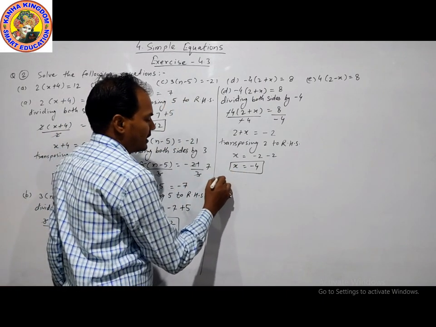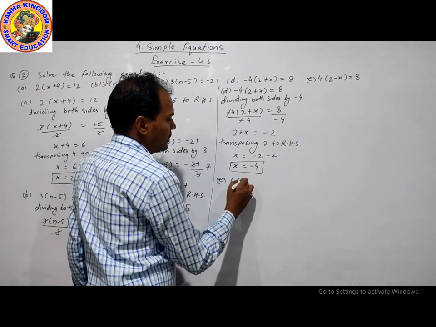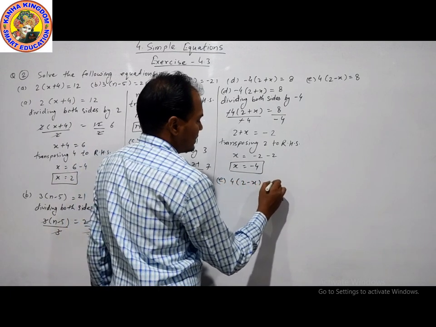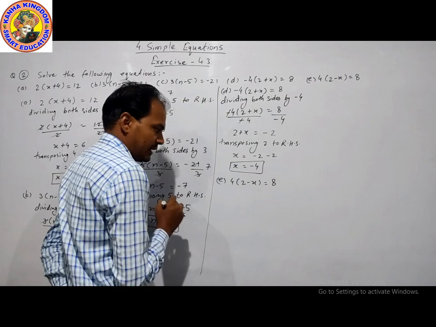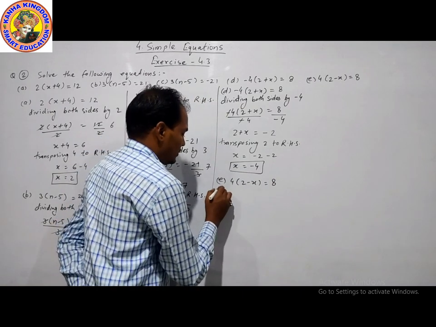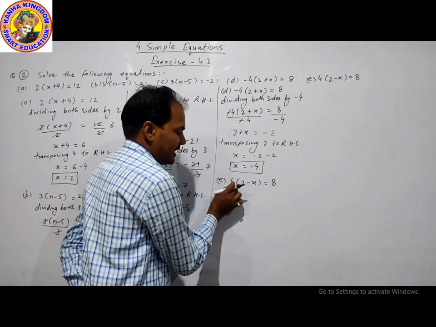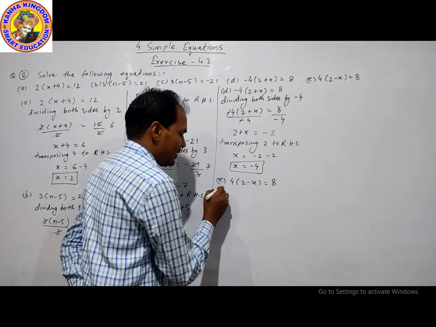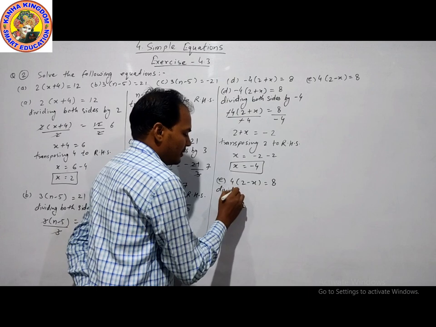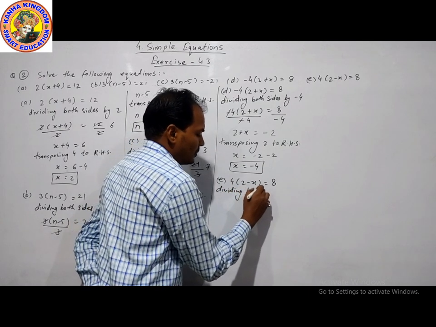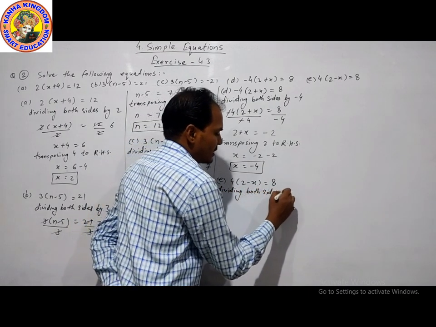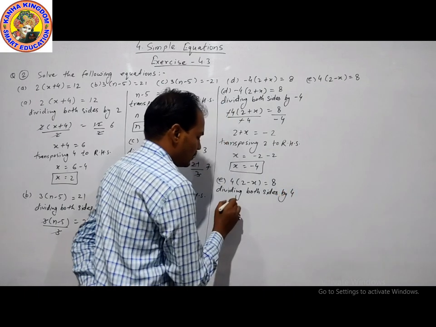Now taking part E, 4(2 - x) = 8. First of all, here is a bracket. Before the bracket, here is multiply by 4, so we will divide by 4. Dividing both sides by 4.